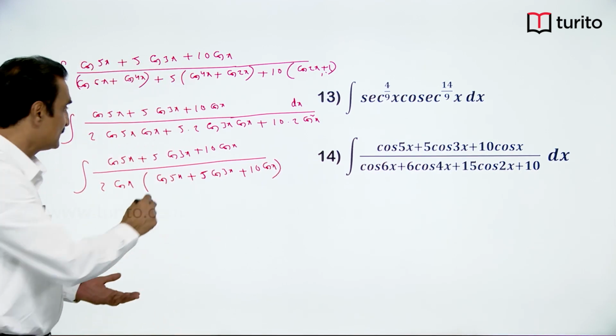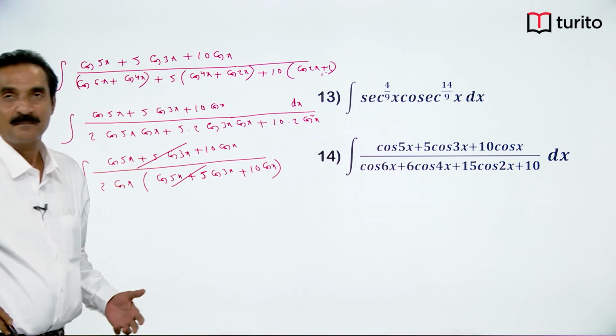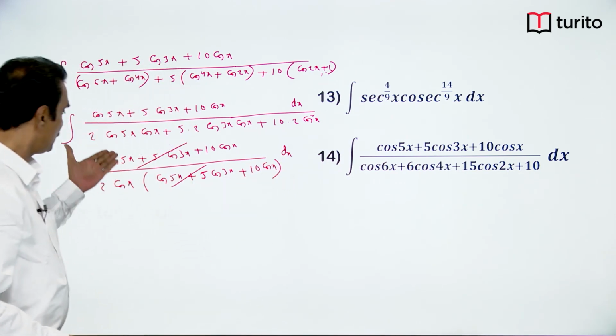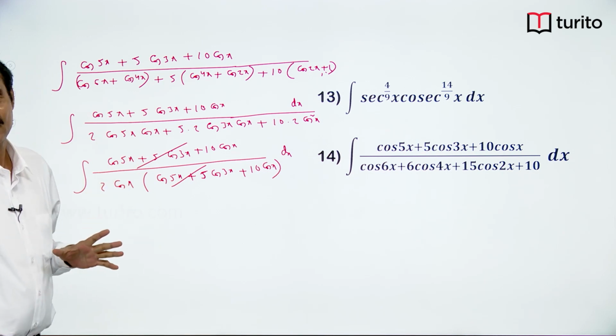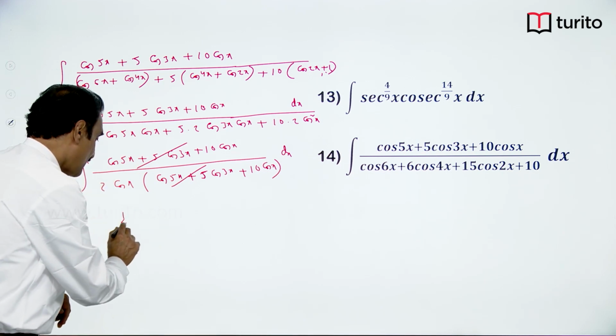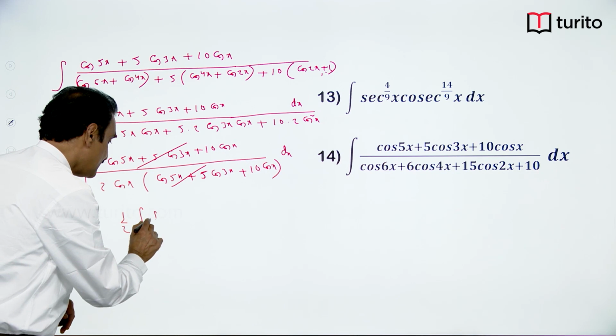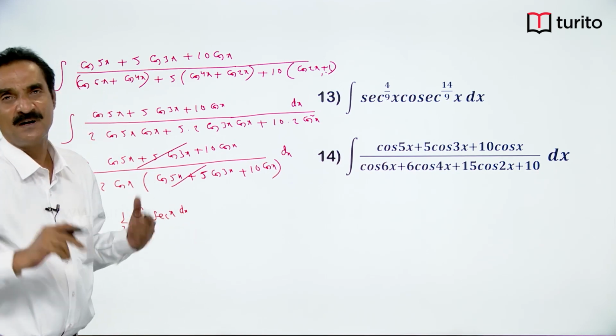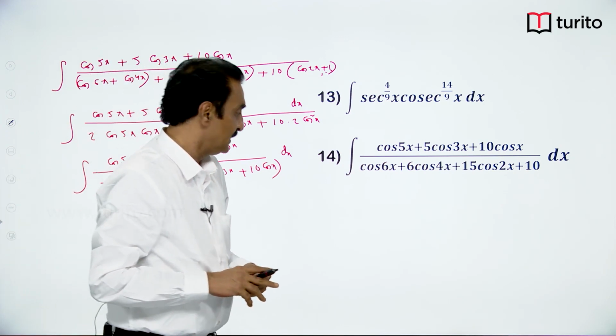What happens? These two will cancel. Now it is 1 by 2 cos x dx, that is half integral secant x dx. It is a direct formula.